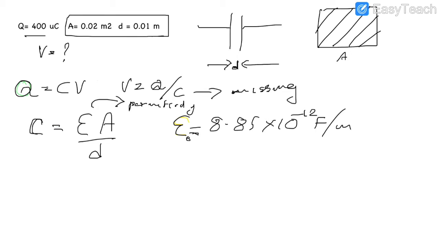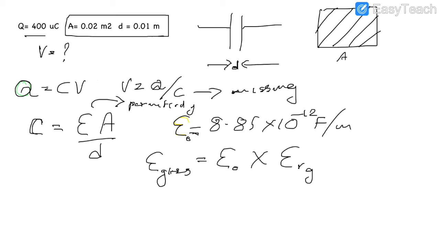Now, if you're using something like glass, you would get the epsilon value by multiplying epsilon of air times epsilon r of glass. This epsilon r is known as relative permittivity, which is the value with respect to air.